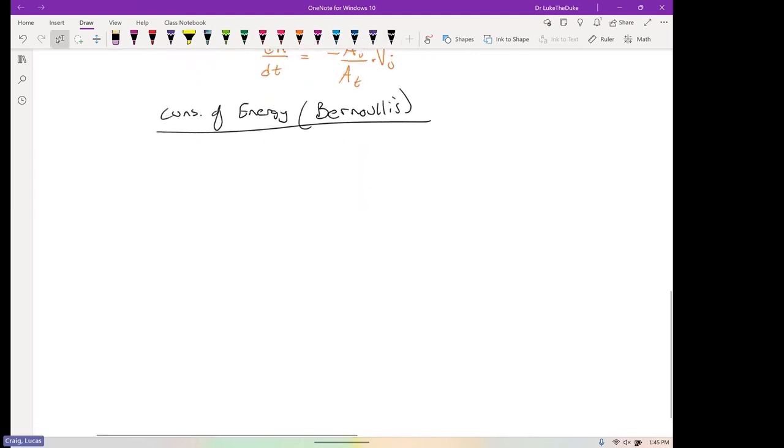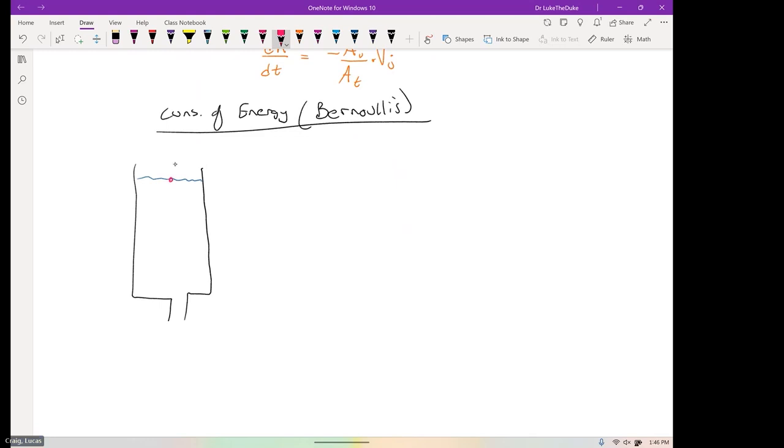So I'm going to draw the tank again. Here's the water. You remember what you have to do for Bernoulli's? On a sketch, what's important? Where do you want to do that?